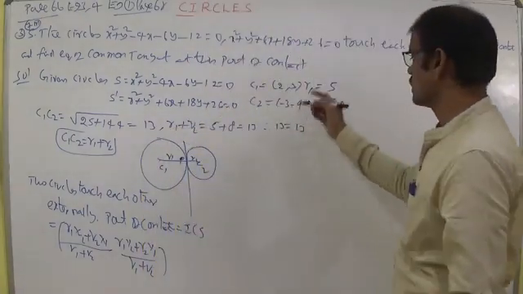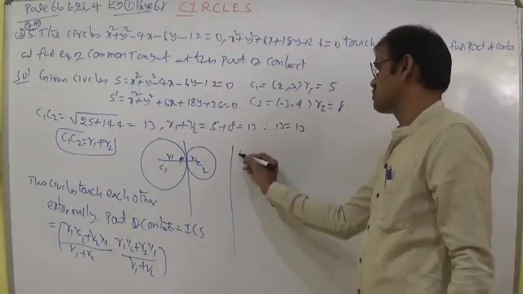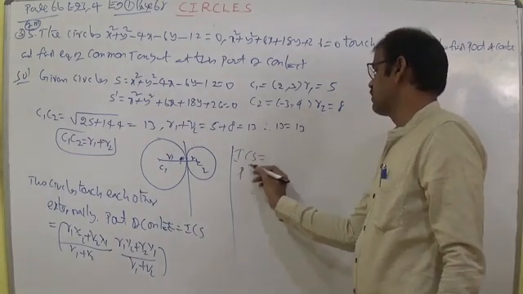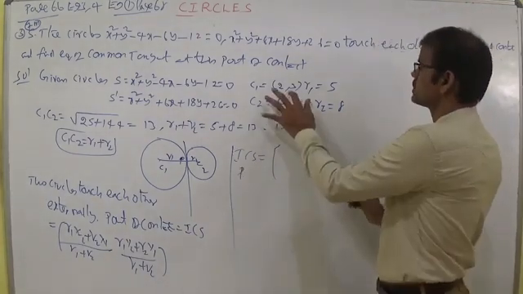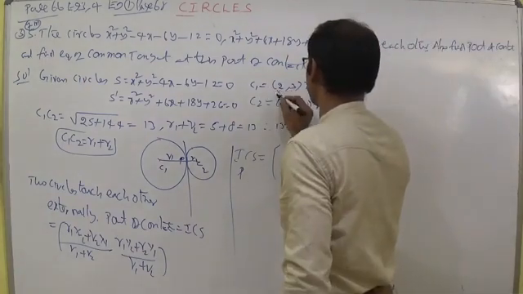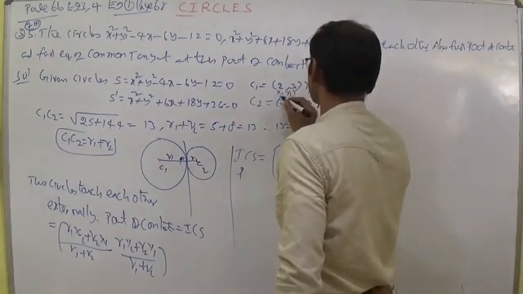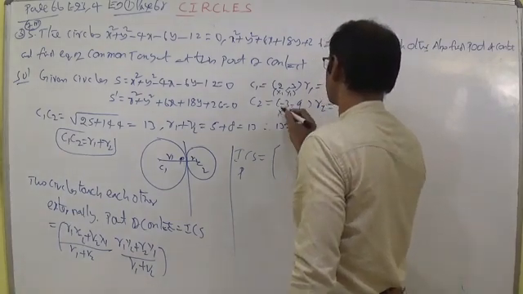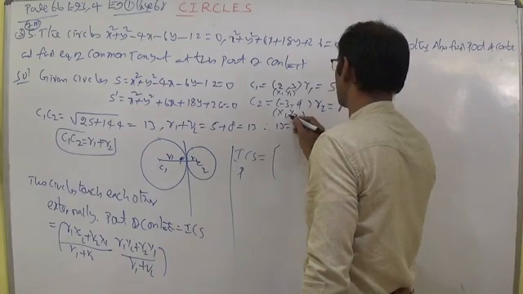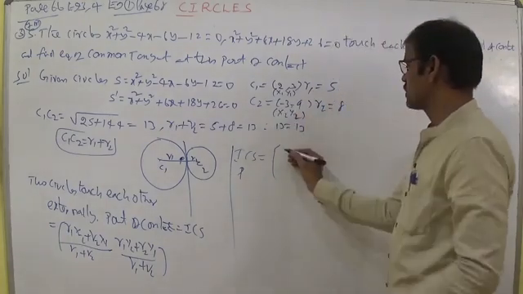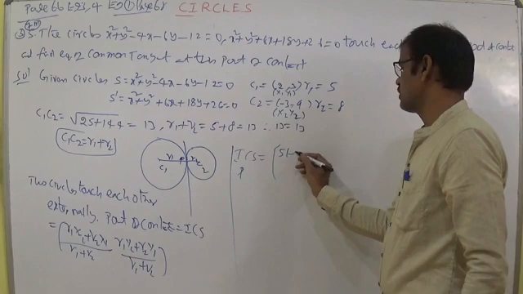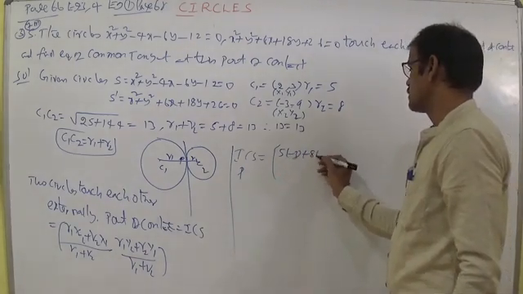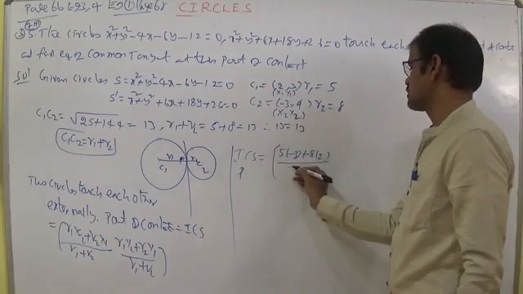Here I am writing ICS is equal to, put a name here P. Students, this is x1 comma y1, so C1 2 comma 3 is x1 comma y1 and this is C2 minus 3 comma minus 9 is x2 comma y2. R1 x2 you write here. So R1 x2 means 5 into minus 3 plus R2 x1, so it is 8 into 2, by R1 plus R2.